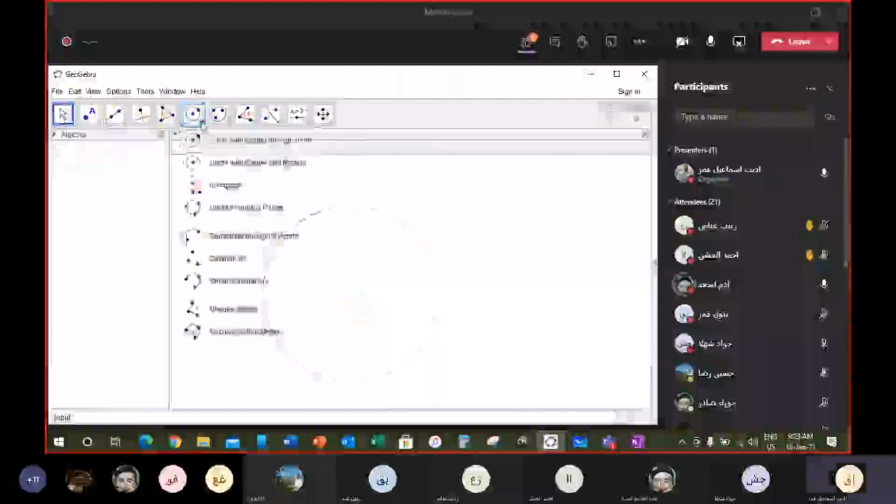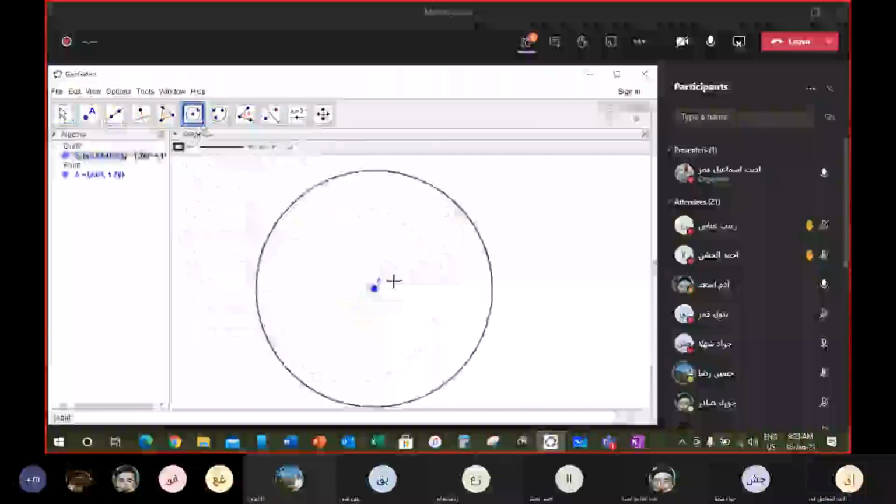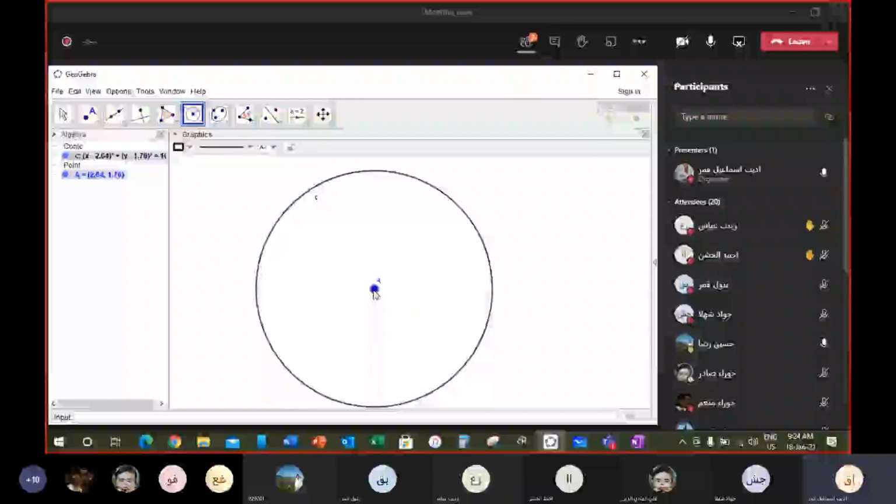And this is the circle, center O, radius 4 centimeters. Okay, we have a point M. We take point M such that OM equals 2 centimeters.